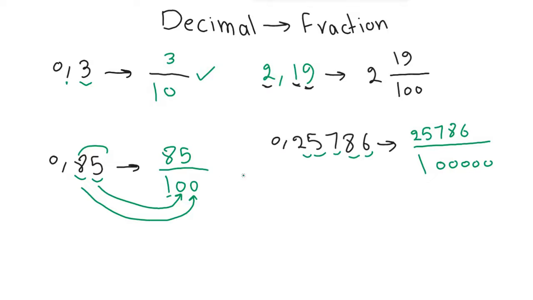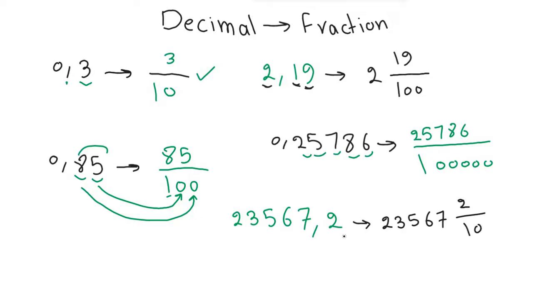And if you had a very big number on this side of the decimal, like this, point 2, to change this decimal to a fraction, you can write 235672 over 10, because we have just one digit after the decimal. This is the answer.